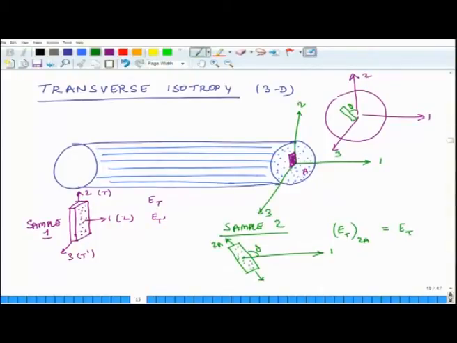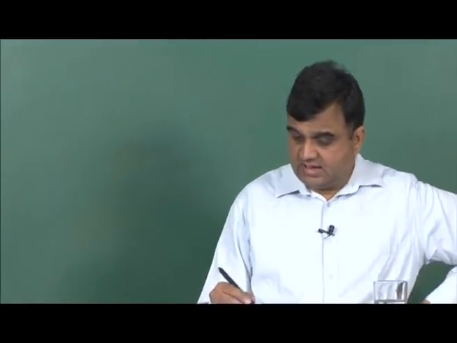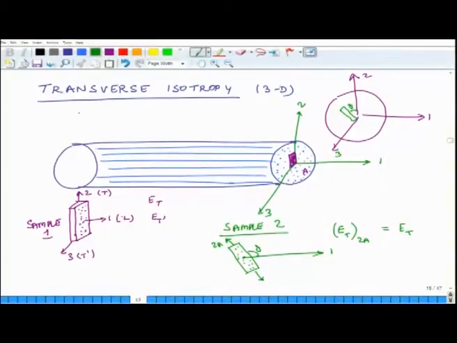This means that the material is isotropic in the TT plane. That is why it is called transversely isotropic.